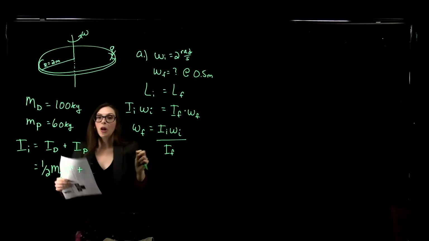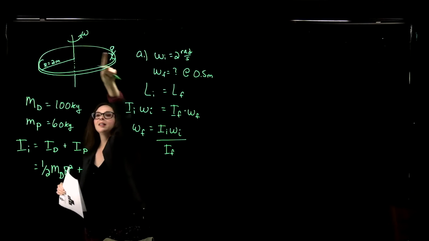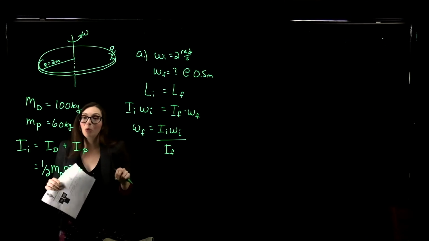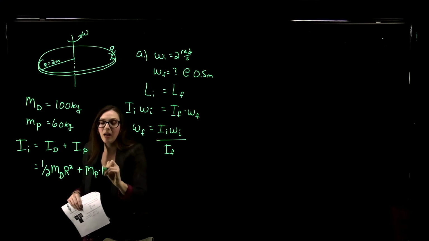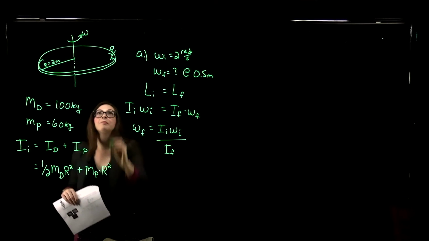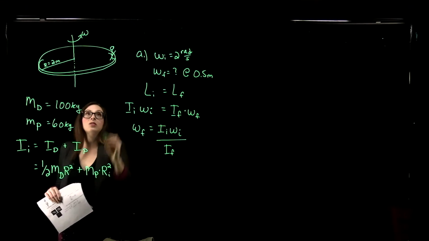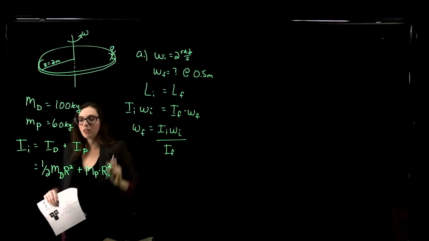And then we can assume that this person is like a point mass rotating on the edge of this disk. And so their moment of inertia is just going to be the mass of the person times their distance away from the center of the axis squared, which in this case is way out here at the end of the merry-go-round. So that's the full 2 meters here.